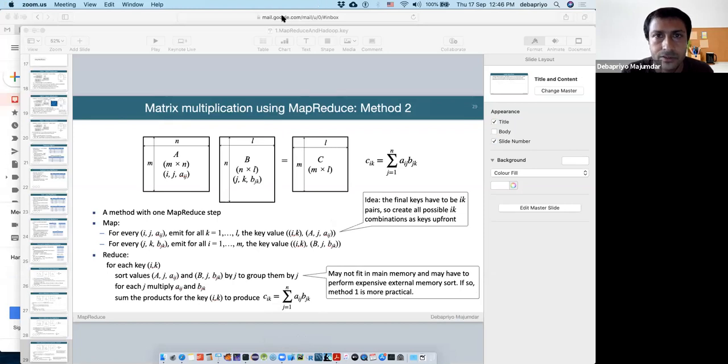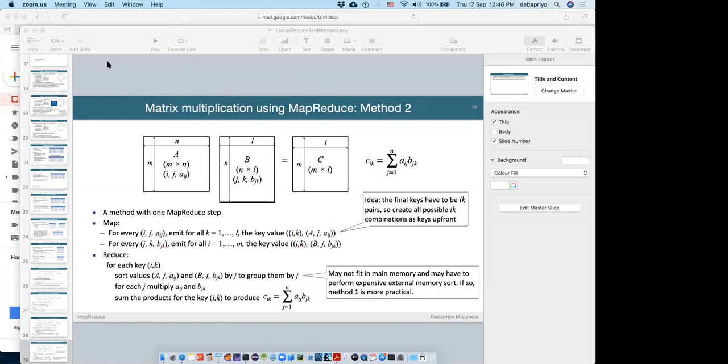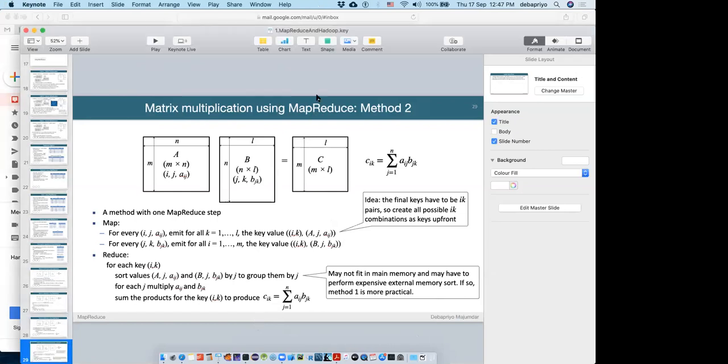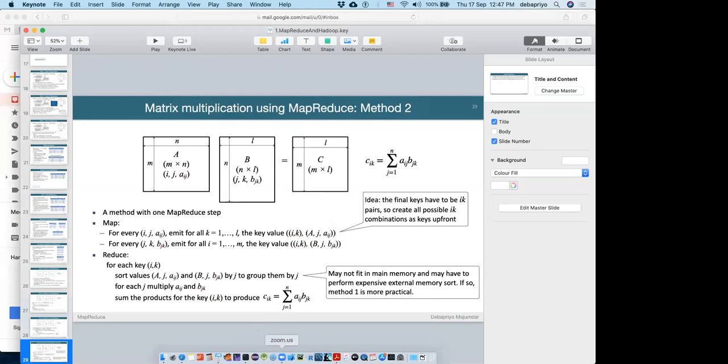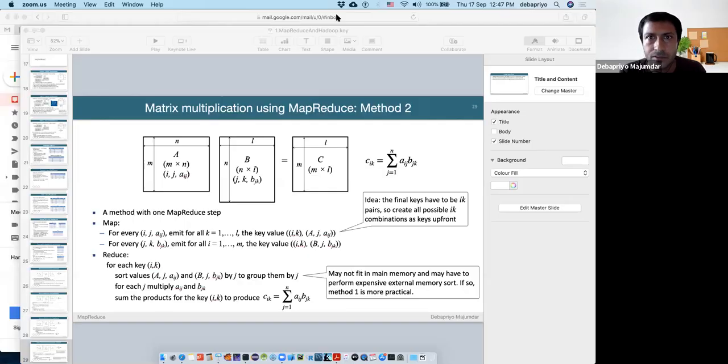Which screen can you see? Yes, sir. Do you see my screen? This slide. Yes, the complete screen we are seeing. Not the white screen. Oh, then I'm sorry. We have to do it again. Stop share.